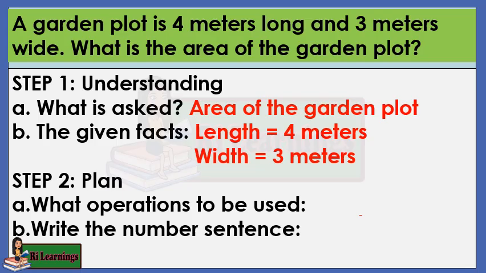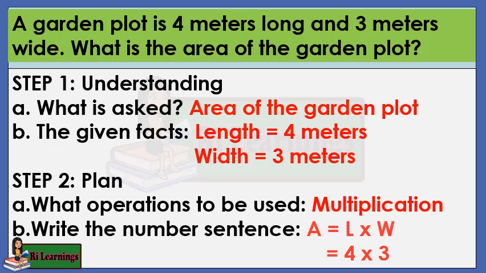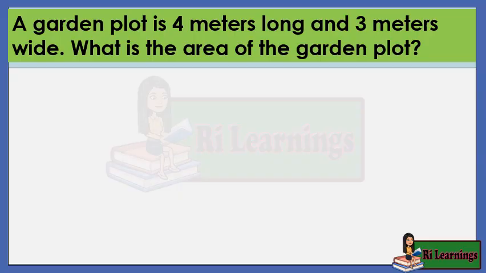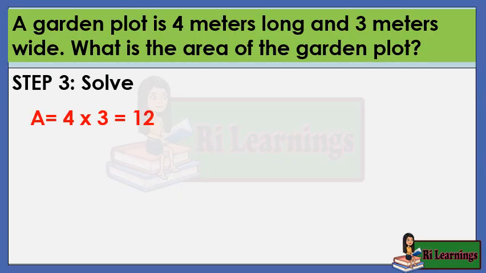A. What operations to be used? Multiplication. B. Write the number sentence. Area equals length x width equals 4 by 3. Step 3. Solve. 4 times 3 equals 12.